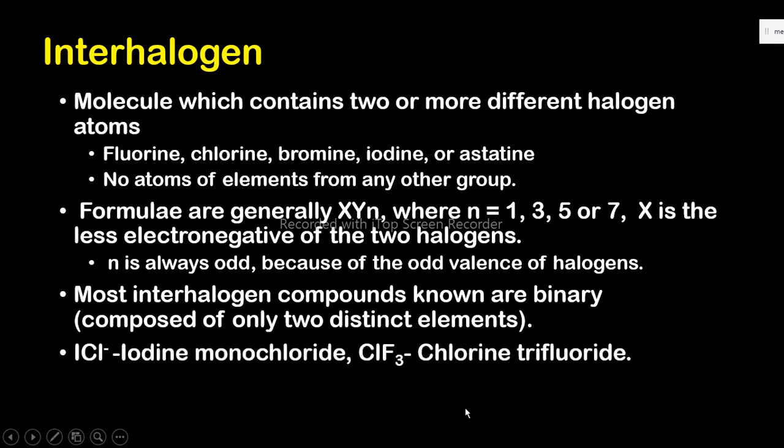distinct elements. For example, you may have iodine with Cl, with a minus charge. This is the iodine monochloride ion. You may have Cl with 3 fluorines.